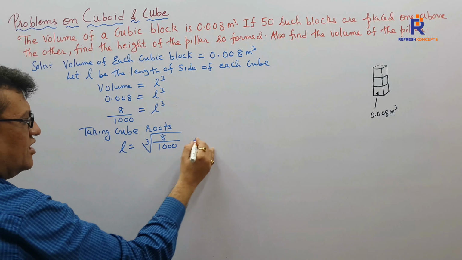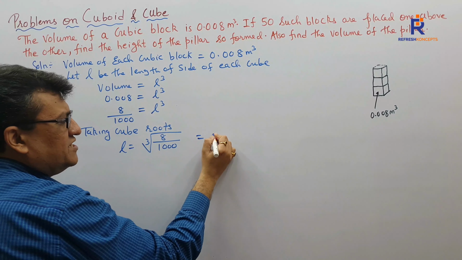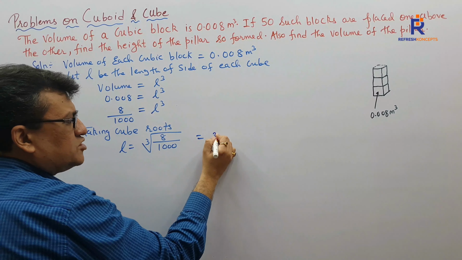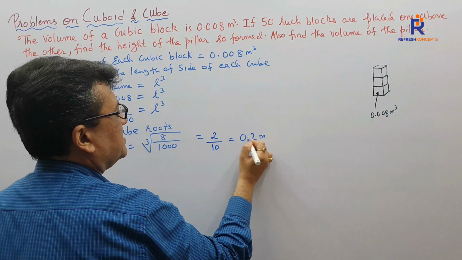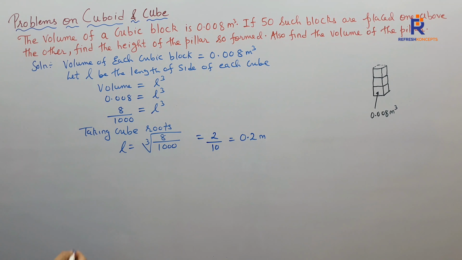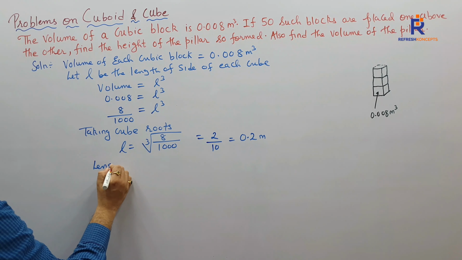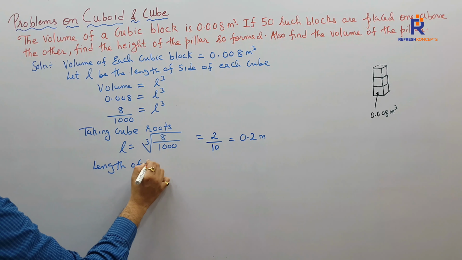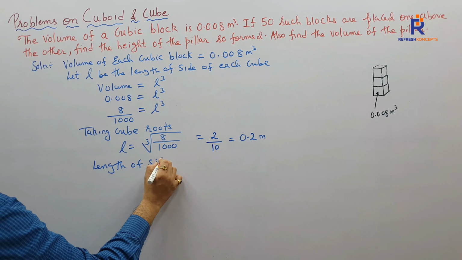It's going to be very easy now. Cube root of 8 is 2. Cube root of 1000 is 10. I'm left with 0.2 meter. So now I got the length of side of the cube. Length of side of cube is 0.2 meter.